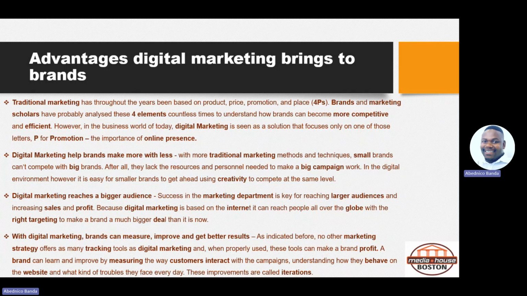So here the product doesn't matter, but the name itself matters. To an extent that if Apple produces something that is crap, people are going to buy it anyway because it is Apple. Okay, so the product doesn't matter. What matters is the legacy of the brand that is being promoted.